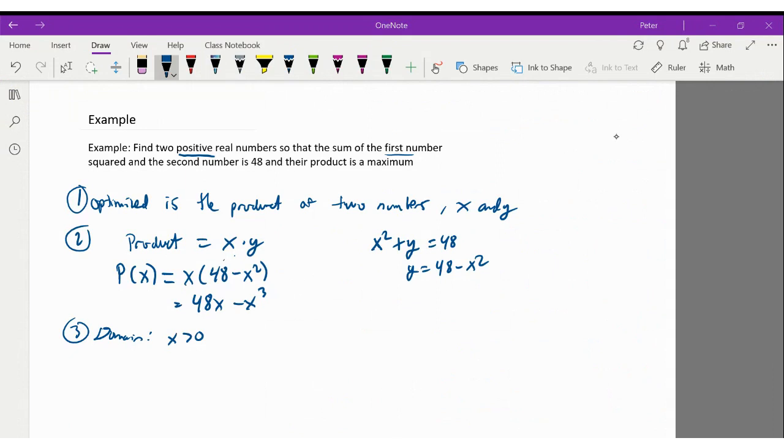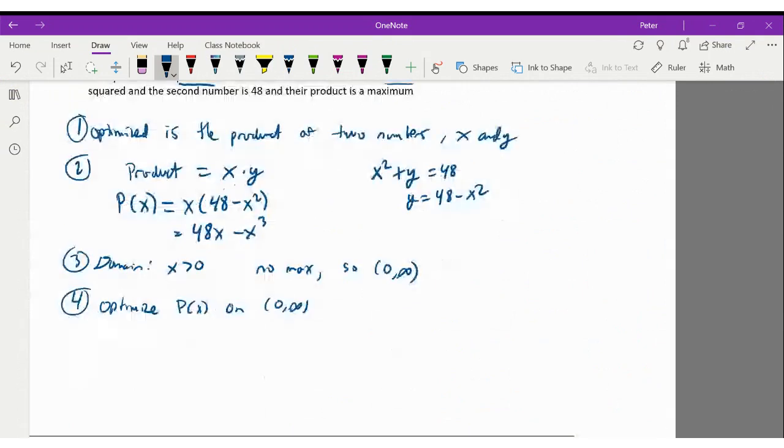So x is greater than 0, but there's no maximum. So the domain is once again 0, infinity. What we want to do is optimize p of x on 0, infinity. So that's a fairly easy problem to do.